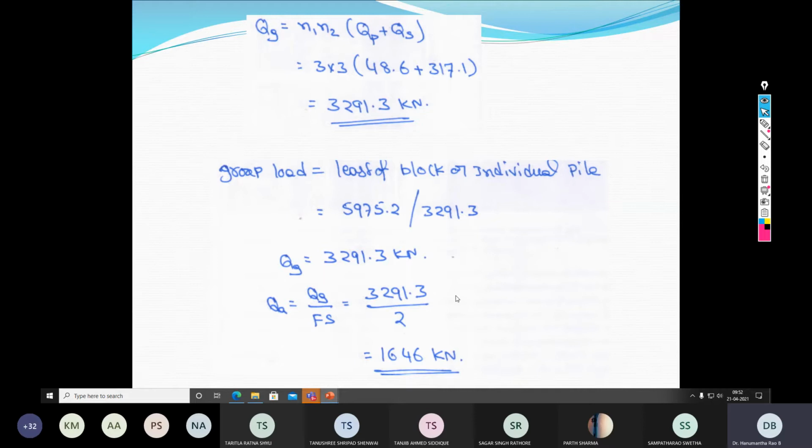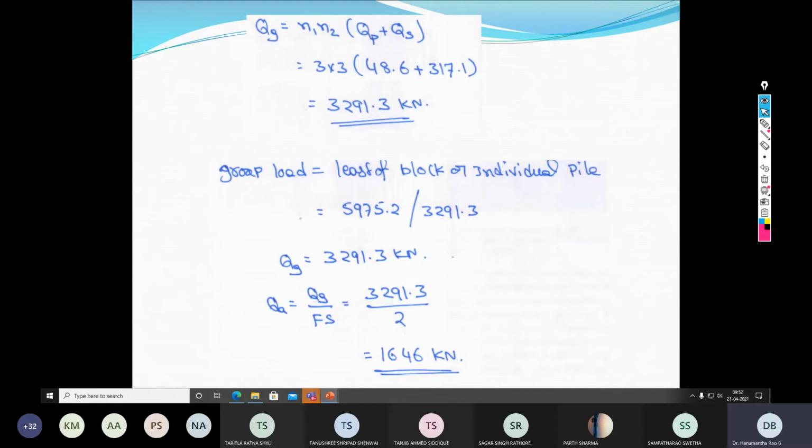So I repeat again, the physical meaning of 1646 and 3291.3 is, on a pile group, you can allow a load up to 1646 kilonewton safely, permitting the settlements, that is safe or allowable settlements of the pile group. And ultimate, that is 3291.3 kilonewton, indicates that you can still apply the load up to that magnitude.